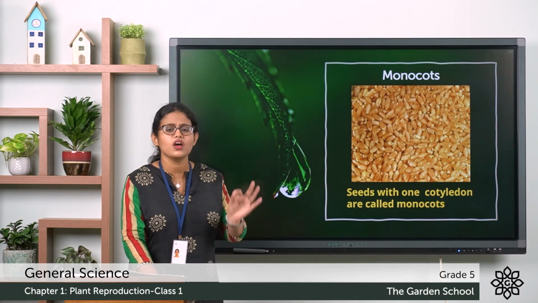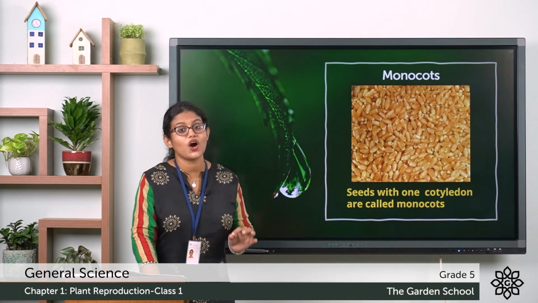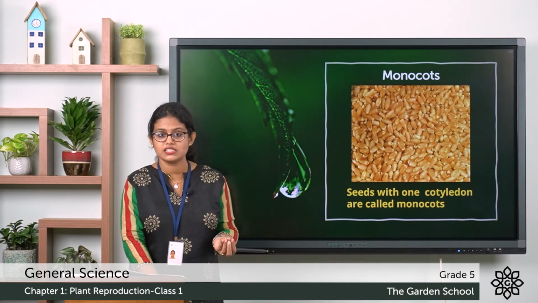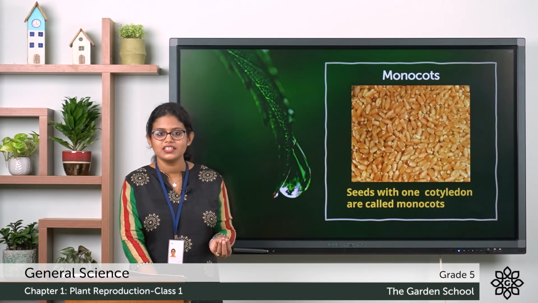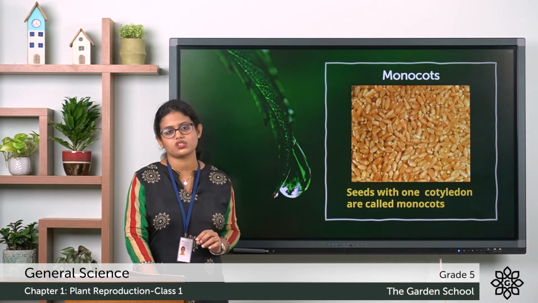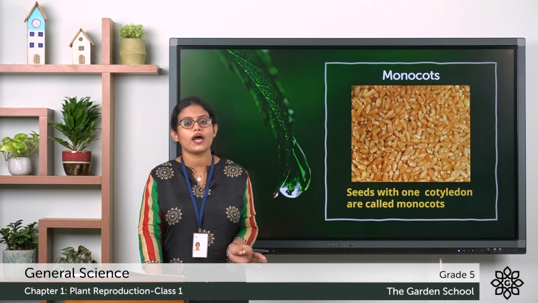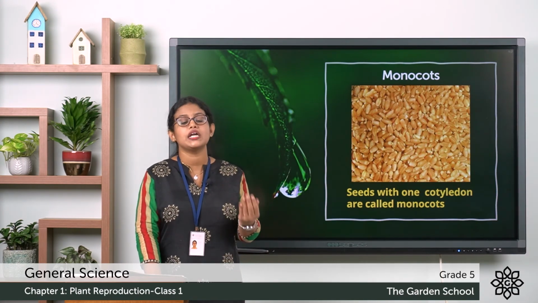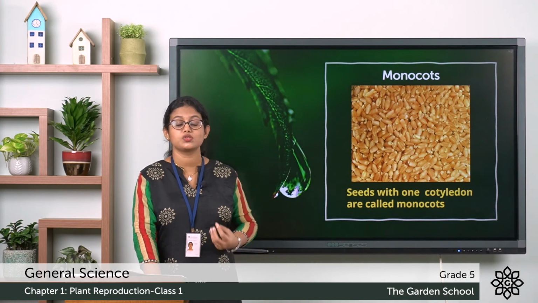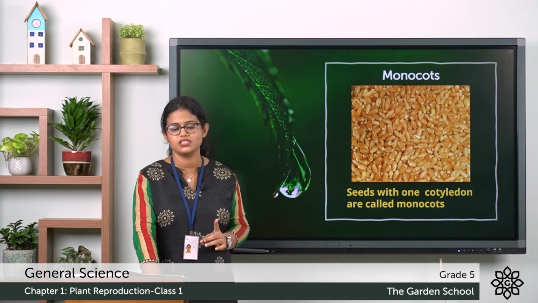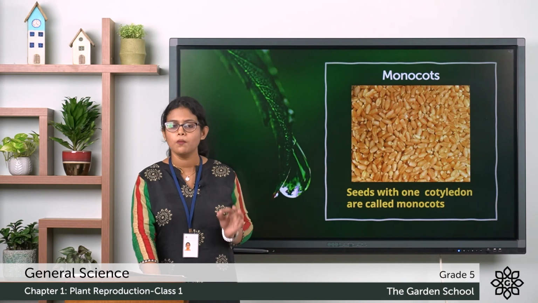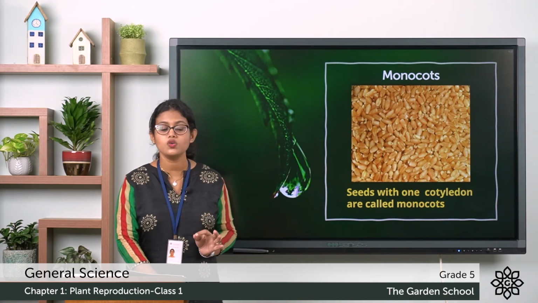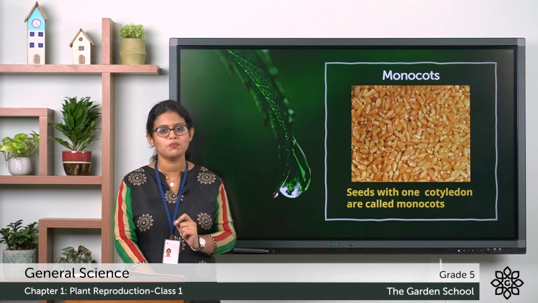Seeds like maize and wheat have only one cotyledon, and the cotyledon provides food to the embryo, which grows into a new plant during germination. Such plants with one cotyledon, we call monocotyledonous plants. So that is about dicots and monocots.